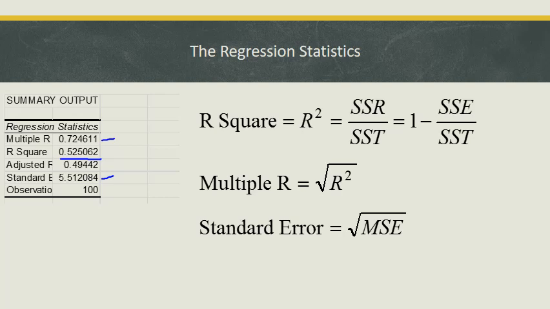The MSE is still our best unbiased estimate of the constant variance, sigma squared. So this standard error is our estimate of sigma, or the constant standard deviation. This is interesting in its own right, and it plays a part in the standard error calculations for the slope coefficients, but we're not going to be using this number directly.